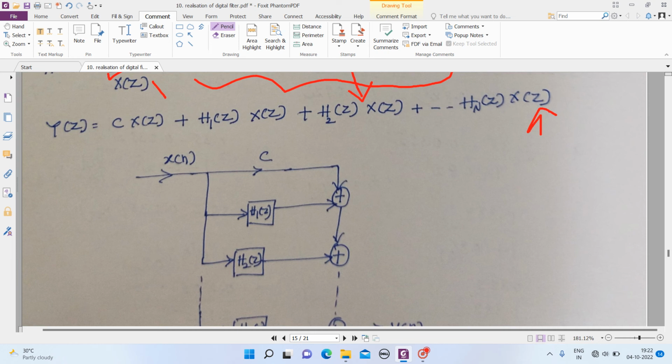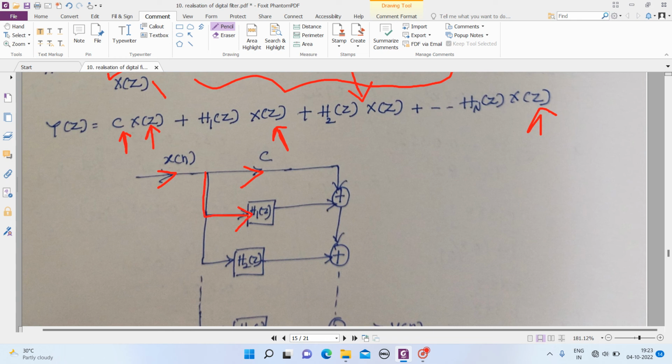Here c is a constant multiplied with the input x of n. This is a constant multiplier. It is added with the second term of the above equation, H1 of z into X of z, so x of n is multiplied with H1 of z.